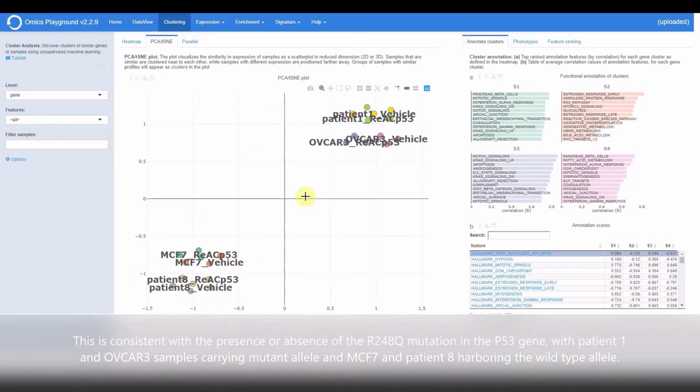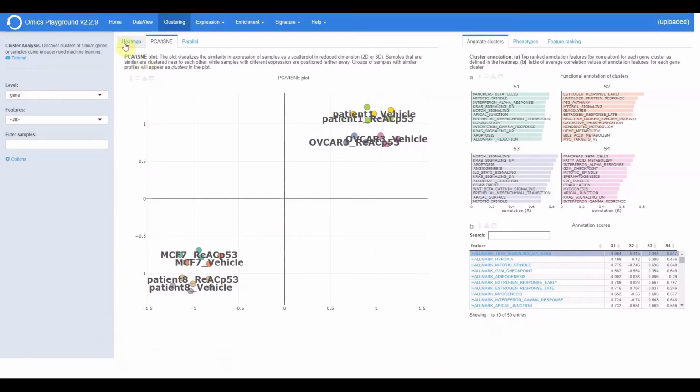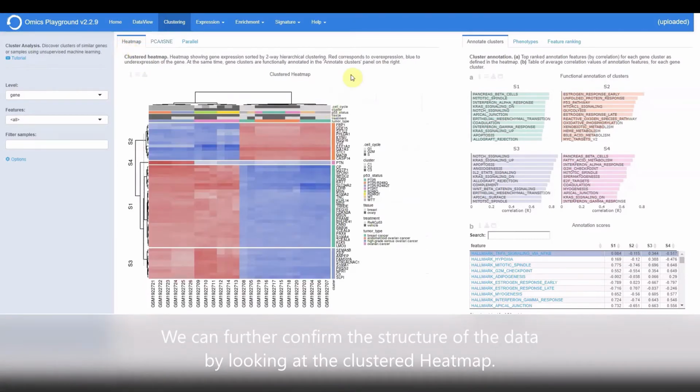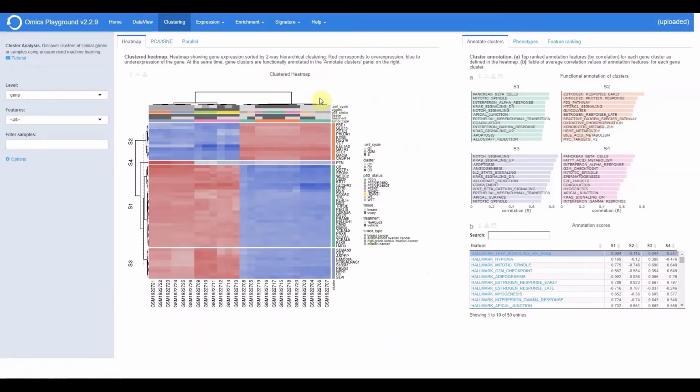This is actually consistent with the presence or absence of the R248Q mutation in the p53 gene, with patient 1 and OVCAR3 samples carrying the mutant allele and FCS7 and patient 8 samples harboring the wild type allele. We can further confirm the structure of the data by looking at the clustered heat map.